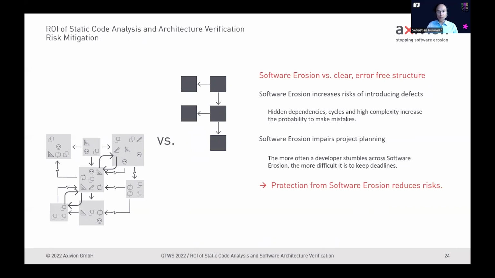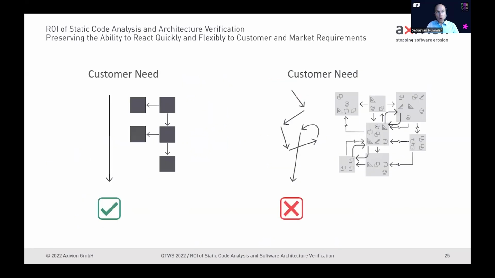So overall, this protection from unnecessary complexity, what we call software erosion, really reduces your risks dramatically. It also puts you in the position that for a long period of time, you can always react quickly and flexibly to any new requirements, might it be customer requirements or market requirements.